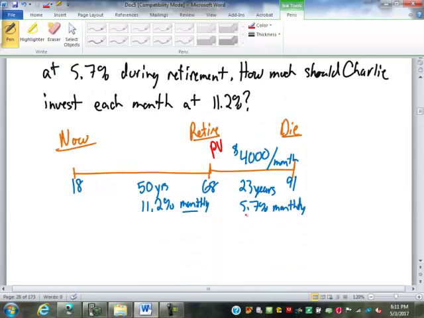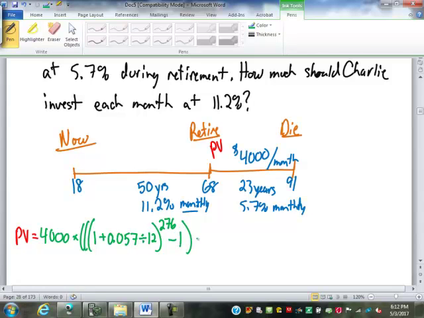How do we find that? 4,000. And 2 brackets. Okay. 1 plus 0.057 divided by 12. Okay. I gotta get my calculator. I believe it's 276. Yep, you're right. So minus 1, close parentheses, then what?